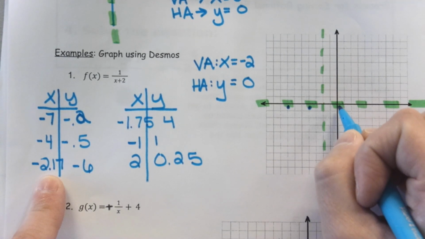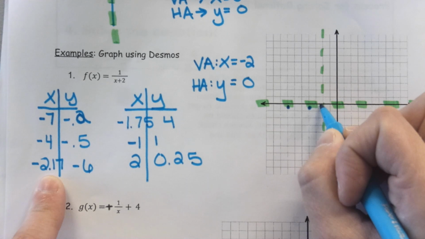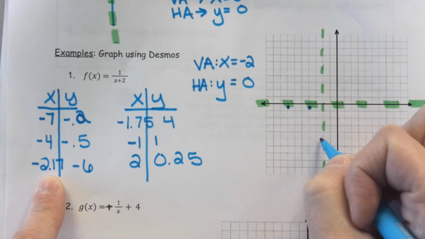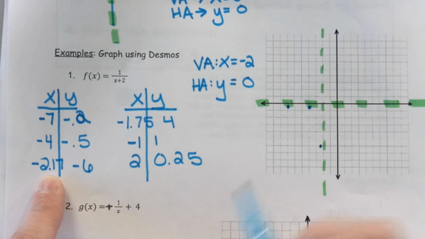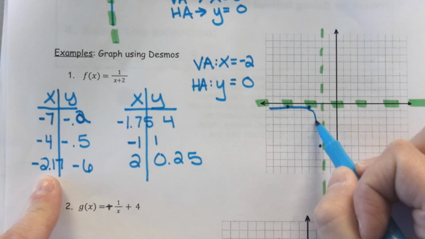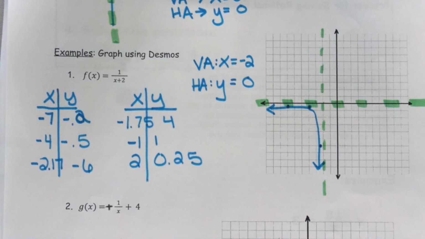I'm at -2.17, -1, -2, 2.17, and then down at 6. 1, 2, 3, 4, 5, 6. So I just went through and graphed. And then we can look at the graph again to remind ourselves, but this is the shape it made. It kind of was going to the right, and then it took a sharp turn and started going down. And remember, it's never going to touch or cross those green asymptotes.